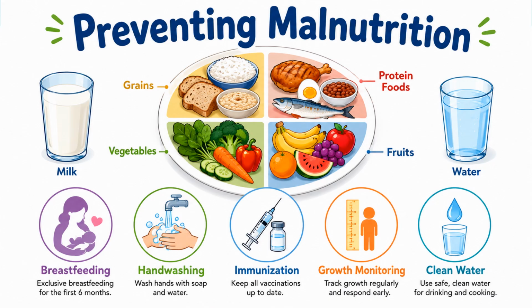So as a recap of what we mentioned, preventing malnutrition is necessary, and it involves taking balanced meals such as the milk, clean water, breastfeeding, hand washing, immunization, as well as growth monitoring. With this, we come to the end of today's presentation, and thank you for listening.